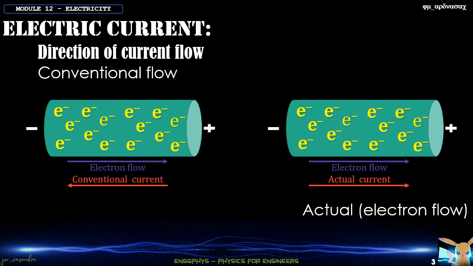This is the actual current. But in some cases, in some analysis, we do follow the conventional. So electron flow is negative to positive, but for conventional, the current flow is from positive to negative, while the actual is negative to positive.